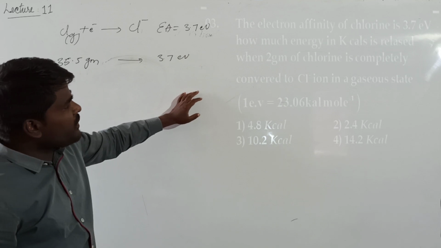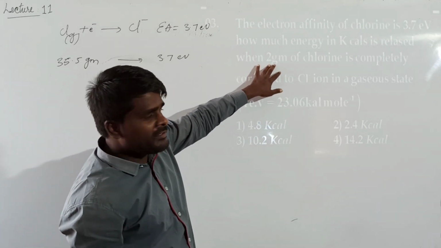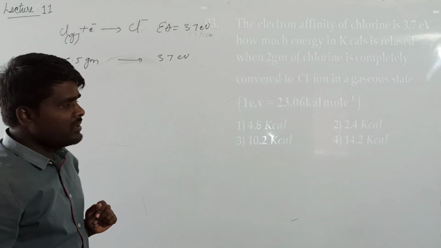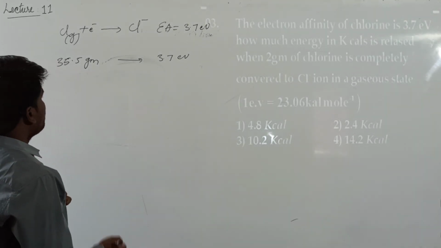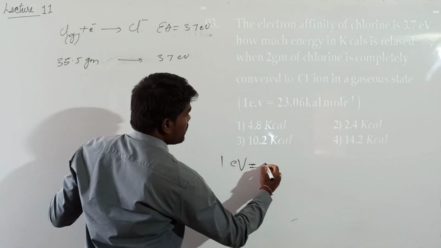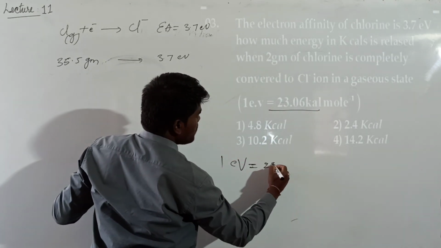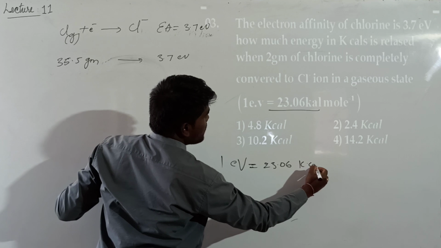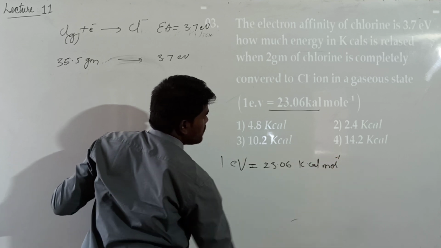But it is asking here to find out the energy needed for 2 grams in kilocalories. Generally, you need to remember that 1 electron volt will be equal to, in the question itself it is given, 23.06 kilocalories per mole, right?